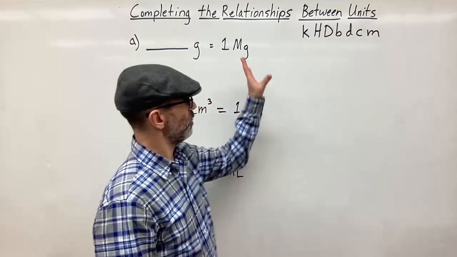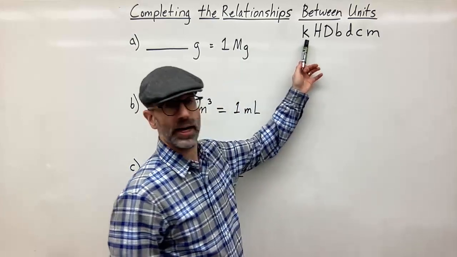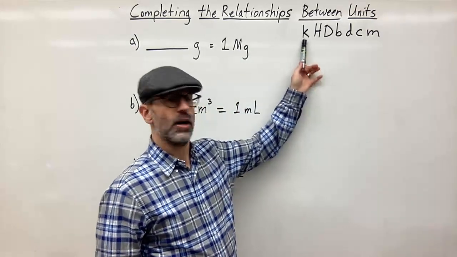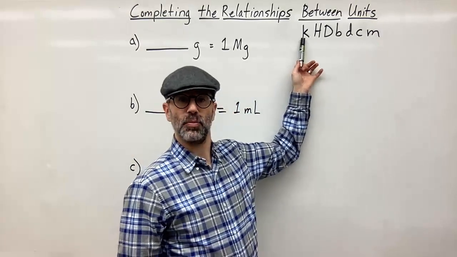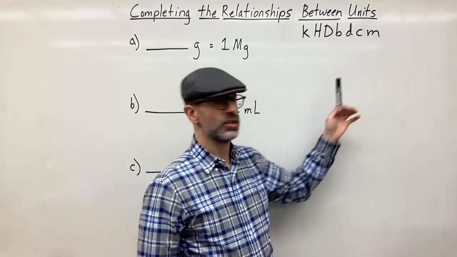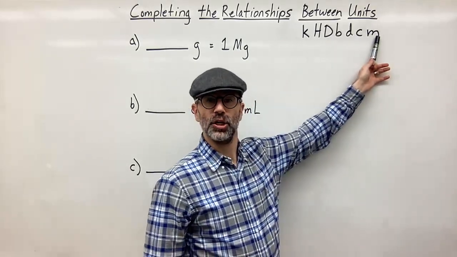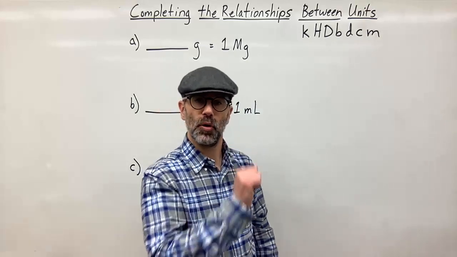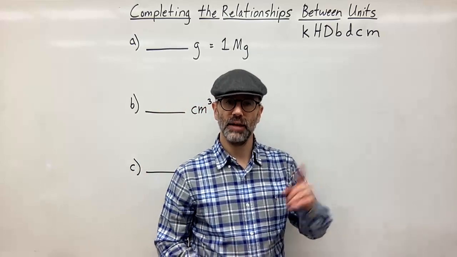That's a good mnemonic device to help you figure out, if I'm converting from kilo to milli, I need to move the decimal point over each time to get to milli. So to go from kilo to milli, I have to move the decimal point over 6 places to the right. And the same thing to the left.